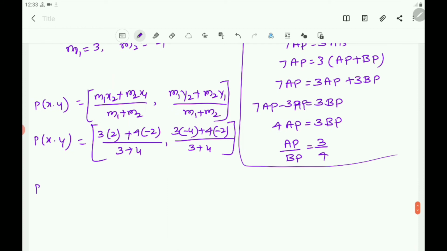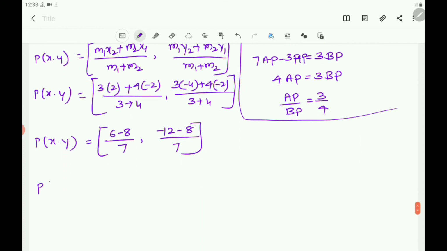That equals P of (x, y) equals 3 twos are 6, 4 twos are 8, so minus 2 by 7... 3 minus 4s are minus 12, plus 8, by 7.